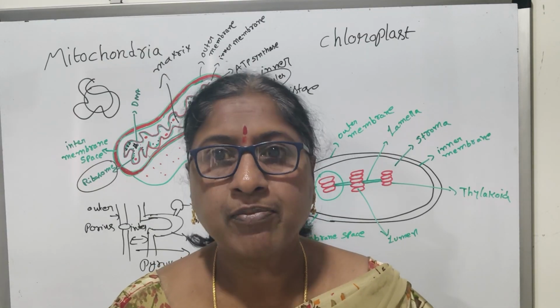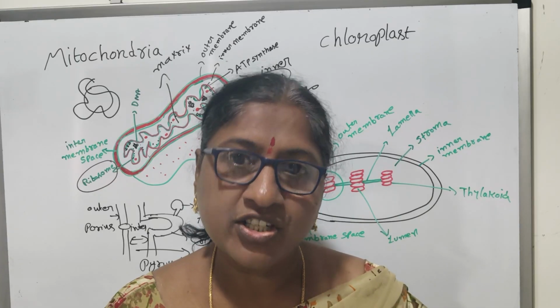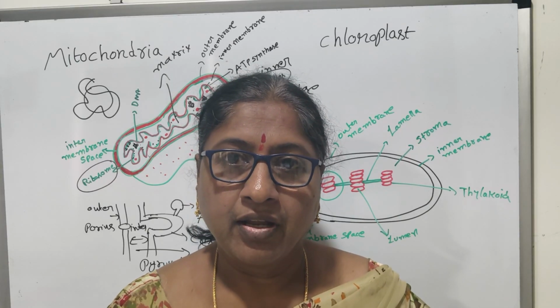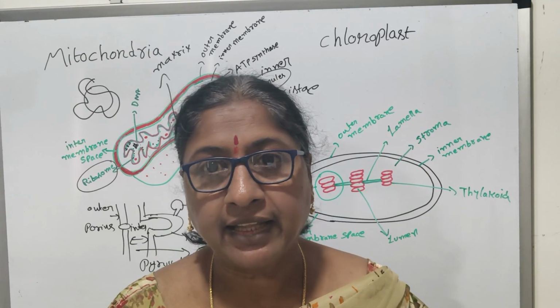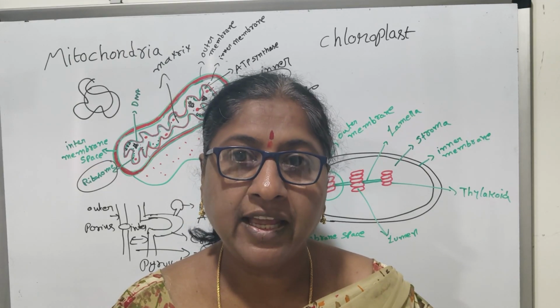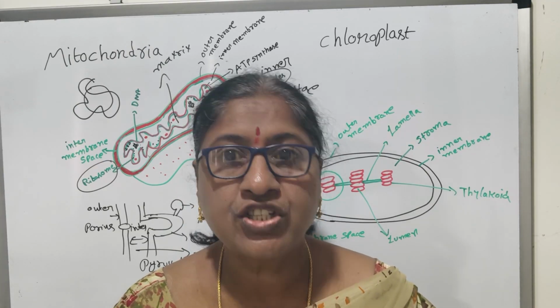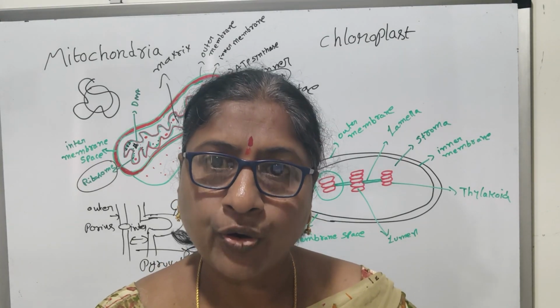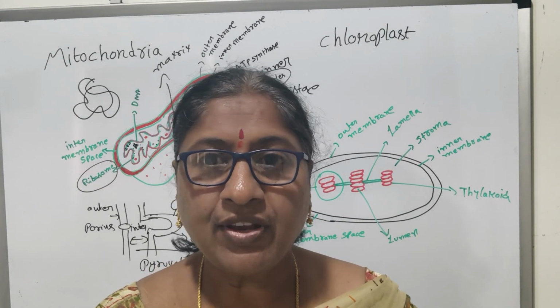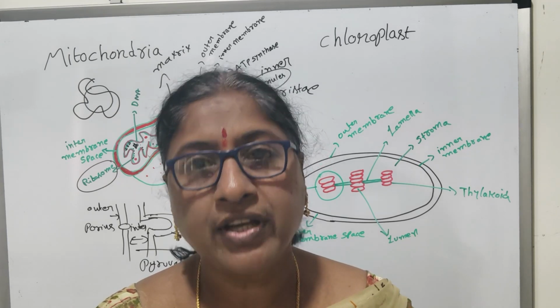Mitochondria also play an important role in cholesterol metabolism. They also play an important role in regulating hormones such as estrogen and testosterone. Mitochondria play an important role in the detoxification of ammonia in the urea cycle.